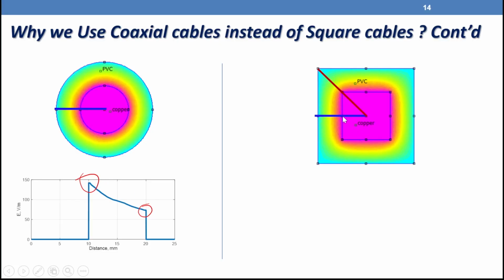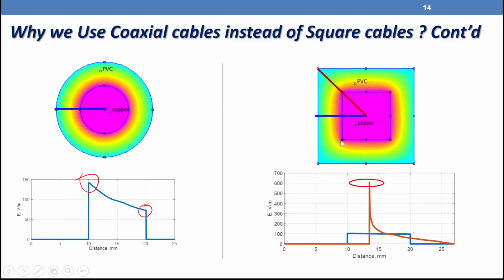But remember this point at 10 millimeter, that one is at 10 root 2. That one is 20, that one is 20 root 2. Let's look. For the blue line, we have 0 inside the cable for both cases, and that one is expected. There is no electric field for the copper conductor. So from 10 to 20, we have here something like 100 volt per meter, which is nice. It is lower compared to that one, but let's look at the red line.